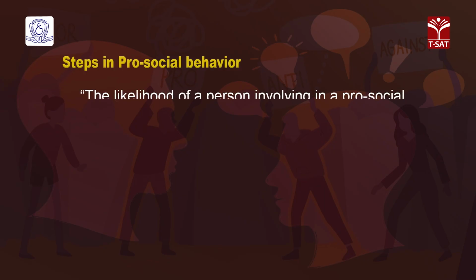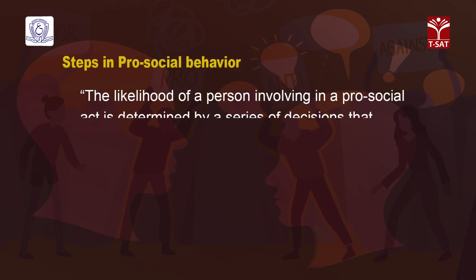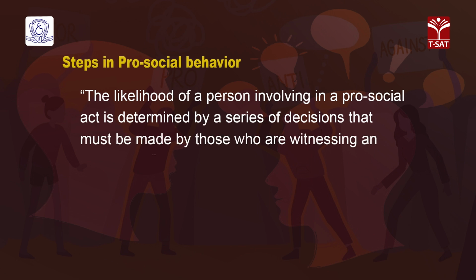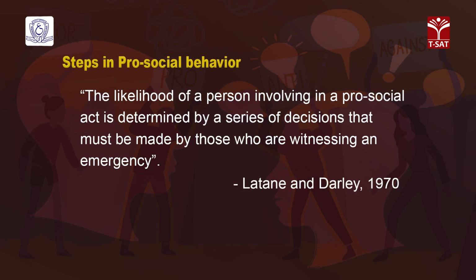According to Latané and Darley, the likelihood of a person getting involved in a prosocial act is determined by a series of decisions that must be made by those who are witnessing an emergency. For example, in Kitty Genovese's case, the witnesses to the stabbing attack should either have called the police immediately or perhaps even intervened directly by shouting at the attacker or working as a group to halt the attack.